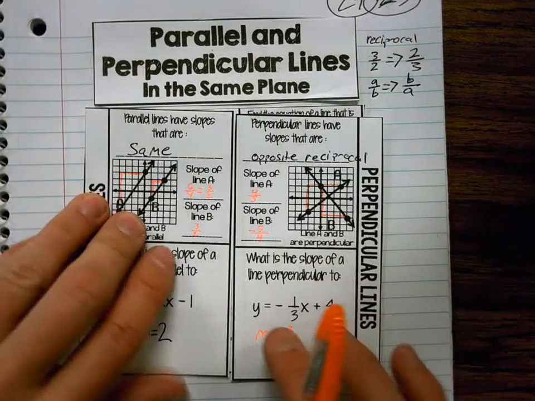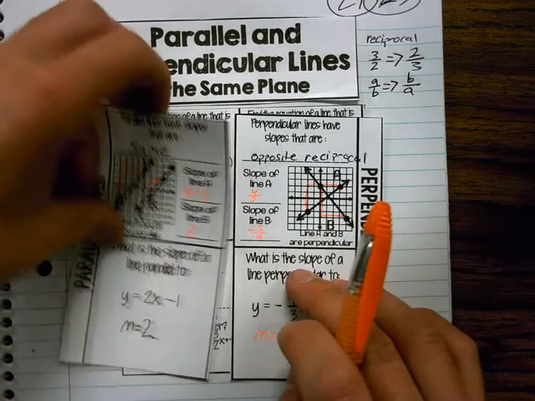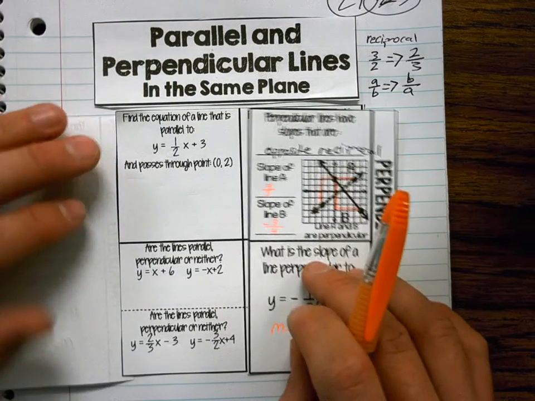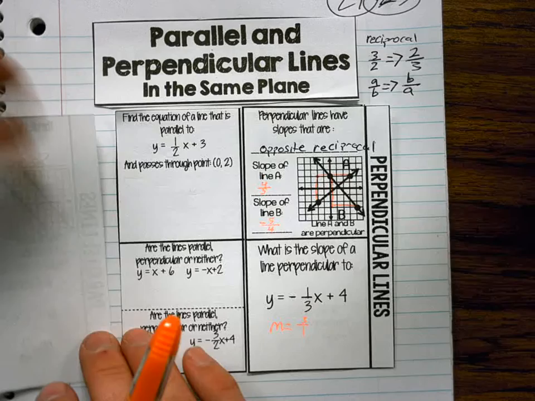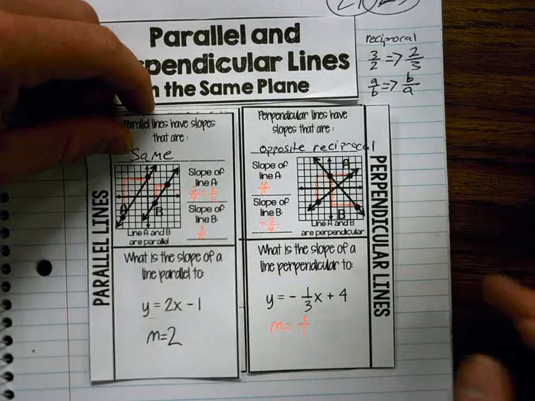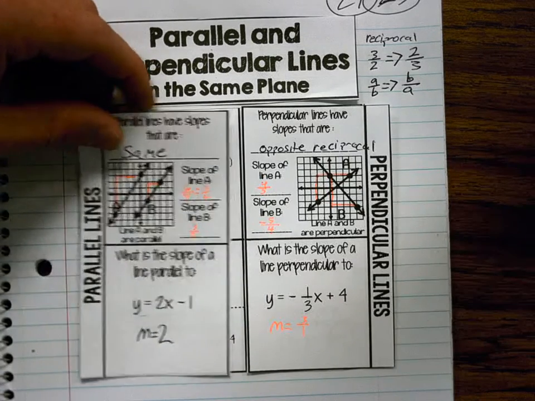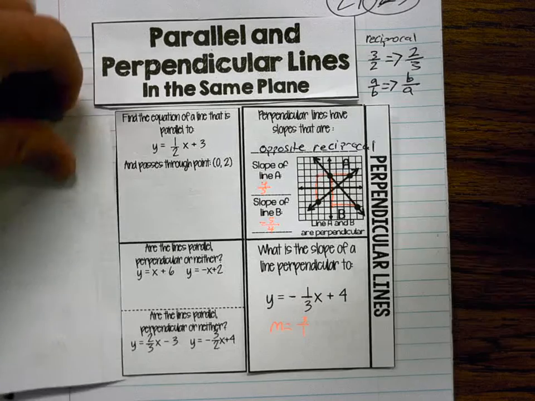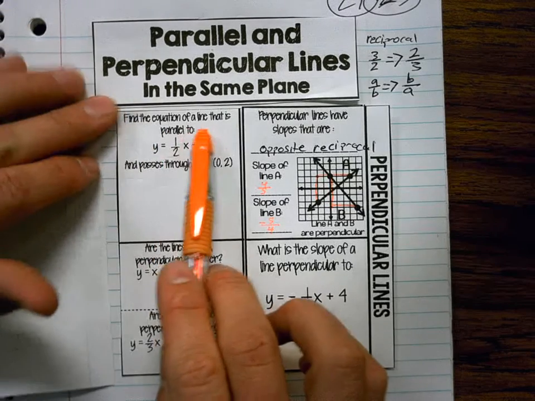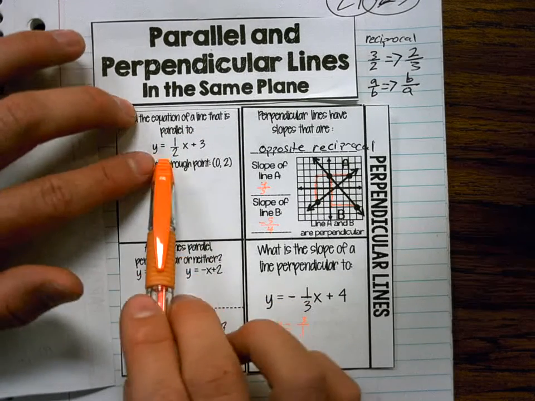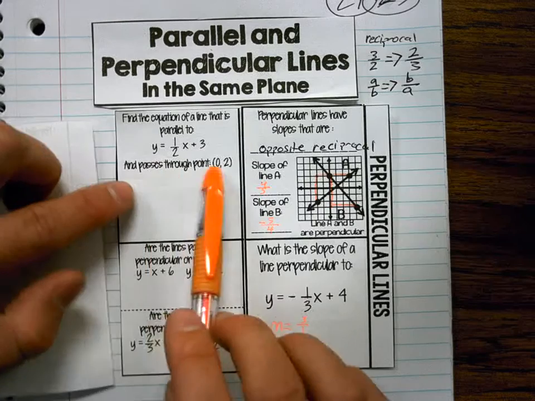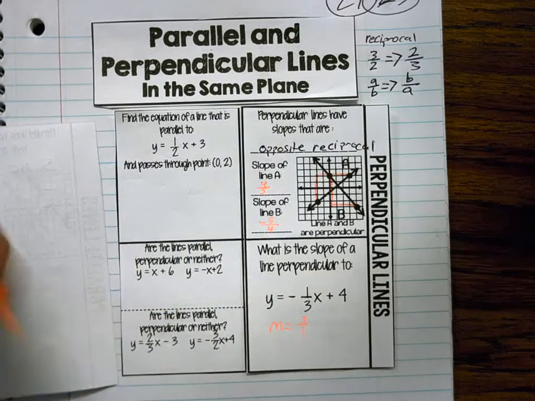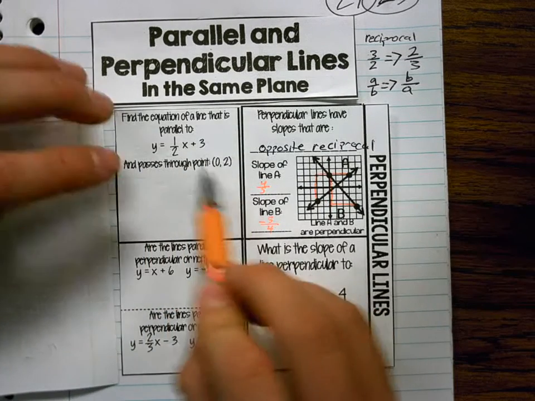Okay, turn to the inside of the left-hand side over here. M was 3 over 1. So I turn this over. It says find the equation of a line that is parallel to this one and passes through this point. Okay, what is this point giving me?